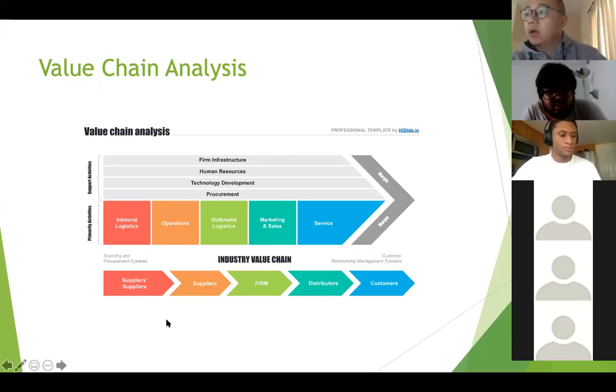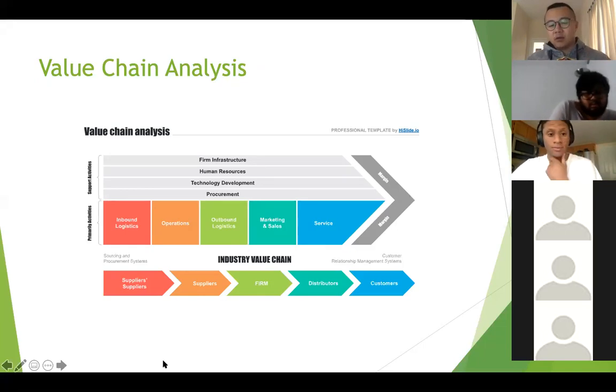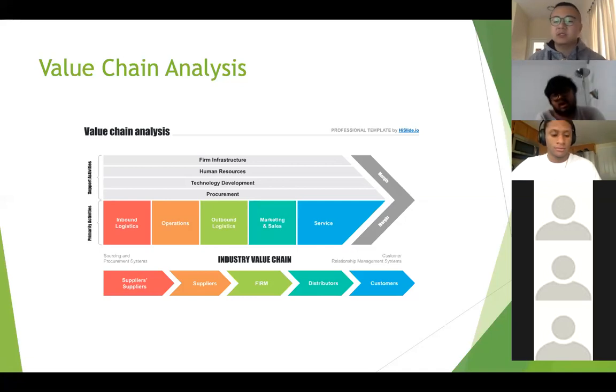You can see here, Brandon, the industry value chain is for the whole chain of the industry, from the very beginning to the ending. That means if you want to make a car, the very beginning might be the steel company. They need to get steel from the steel mine, right?